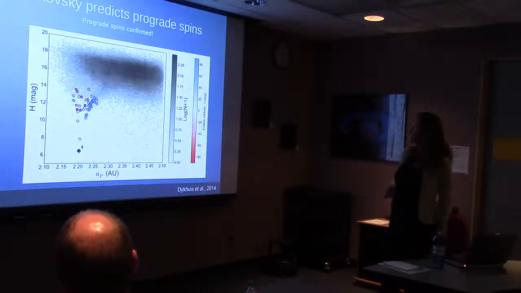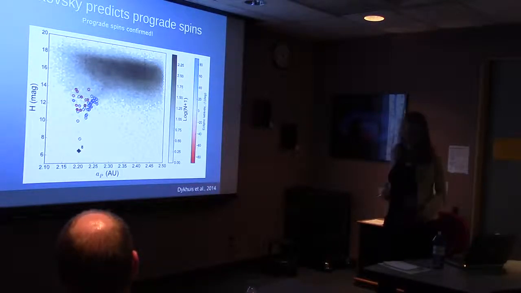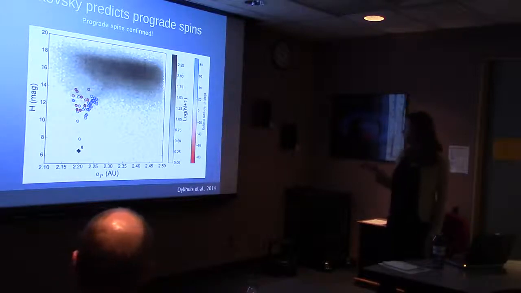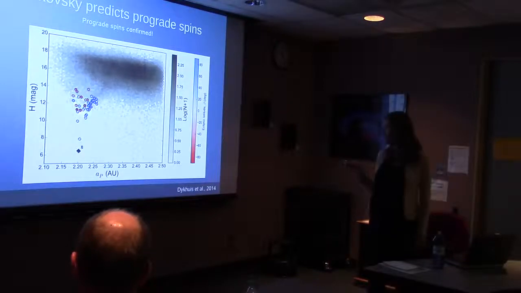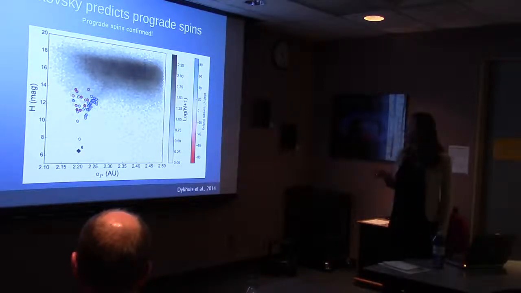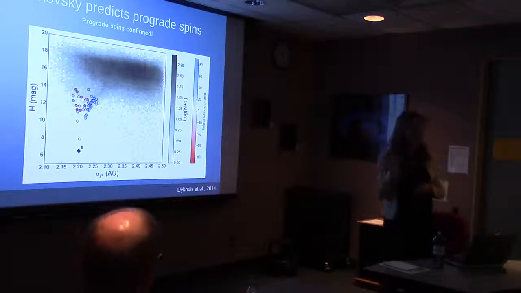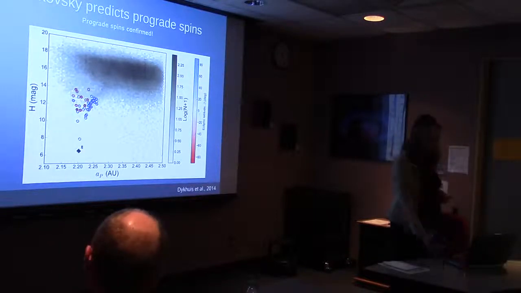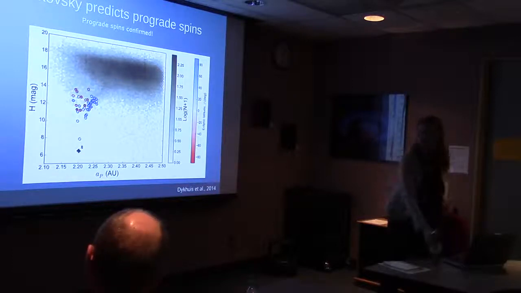Not only that, but we can use asteroid spins to constrain different models for the family's evolution. So this is the color code for the objects that are plotted here. The extremely prograde ones, the ones that have spins that are 90 degrees straight up relative to their orbital plane, are plotted in dark blue.